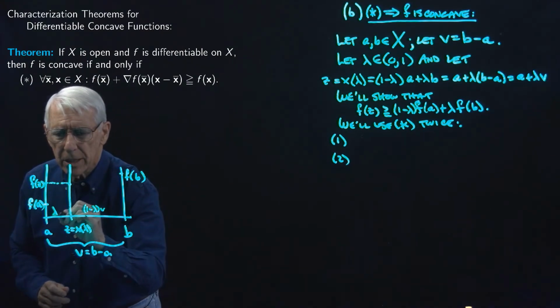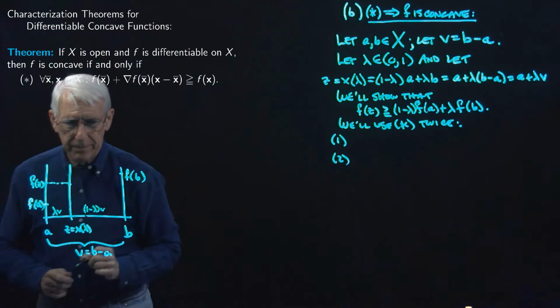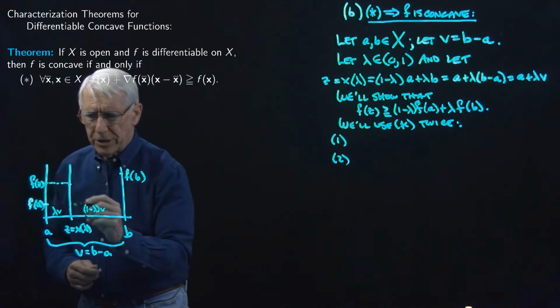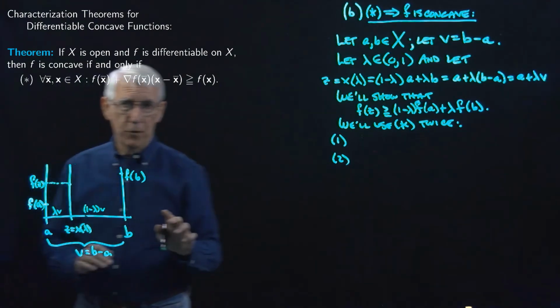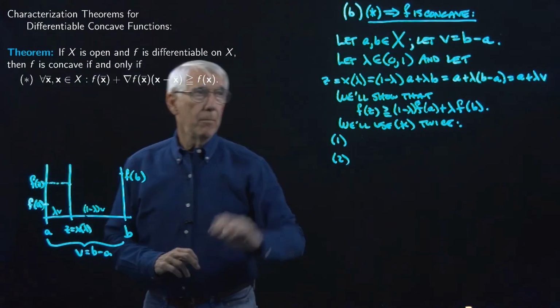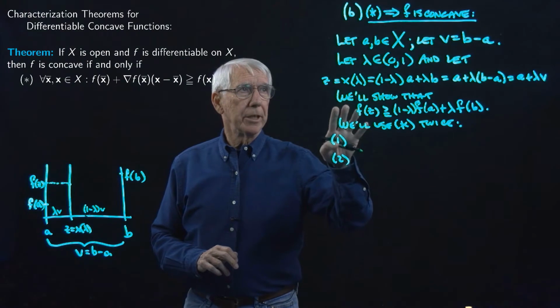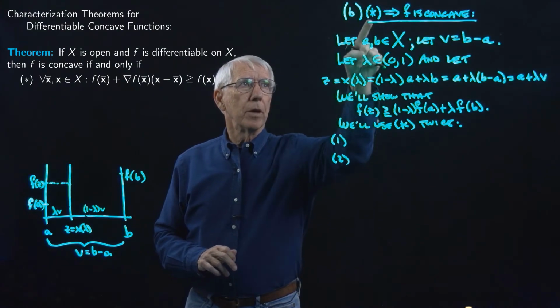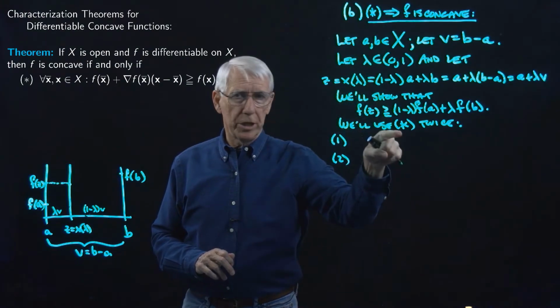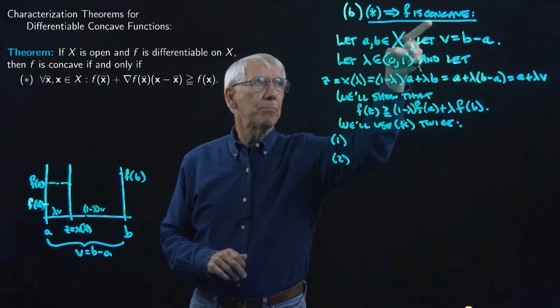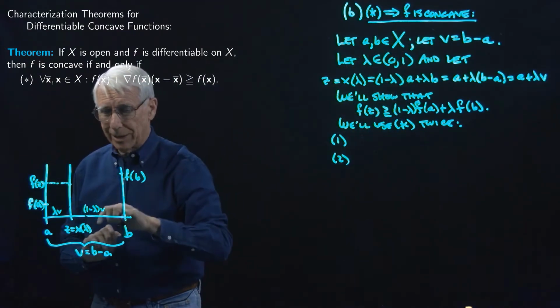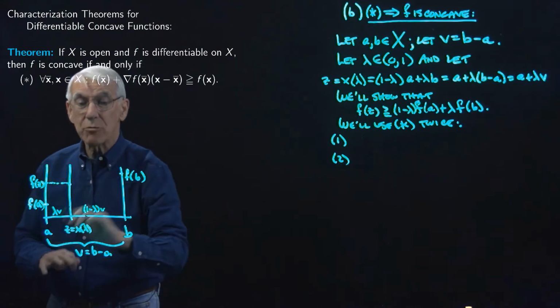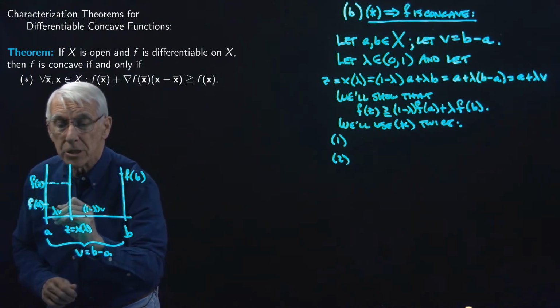So this is lambda times v. And so let's draw our function in here. And I'm going to draw the function concave. But of course, our objective here is to start with this condition star, which we're going to use a couple of times, and use that to prove that the function's concave. So we don't really know it's concave, but I'm going to draw it concave because that's where we're going to end up.